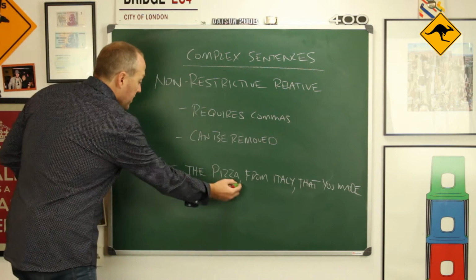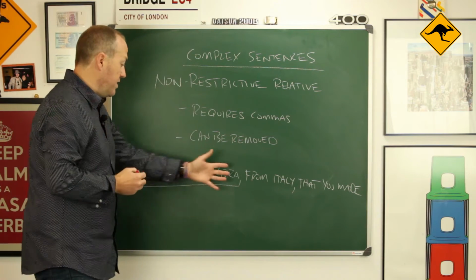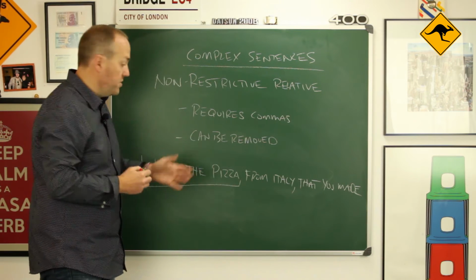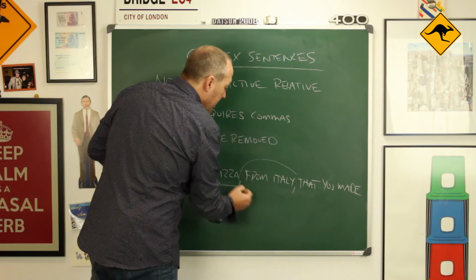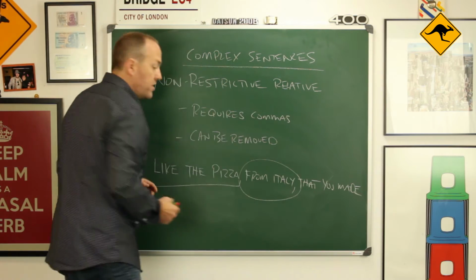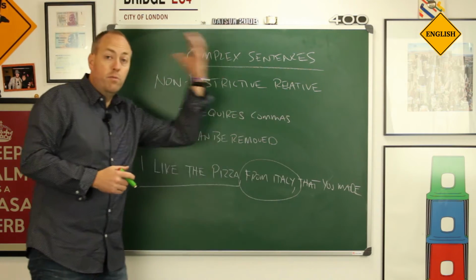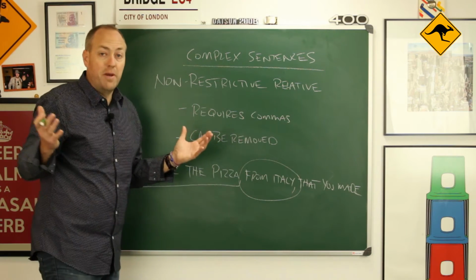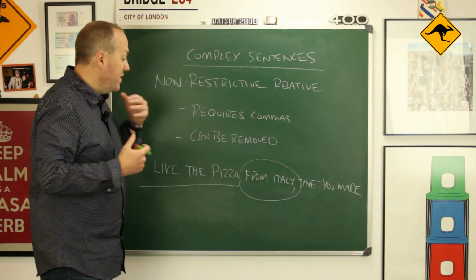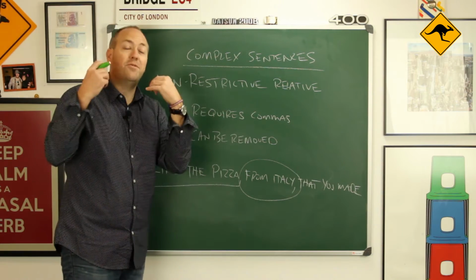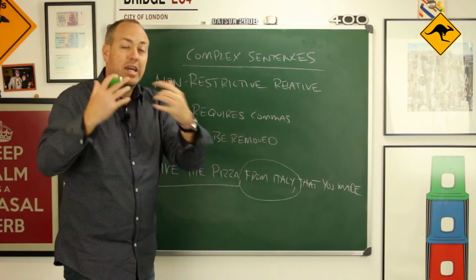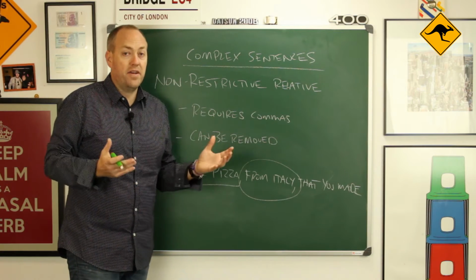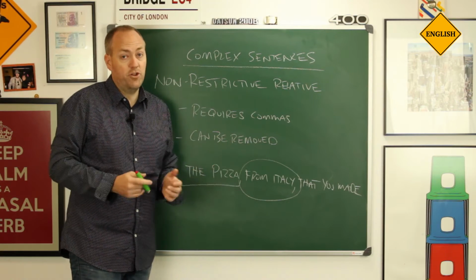So in this case, here we have the first part of the clause, and this here, which has two commas on either side, I can remove from the sentence, and the sentence still makes perfect sense. This type of clause allows us to give extra information about things. Sometimes it's called an extra information clause.